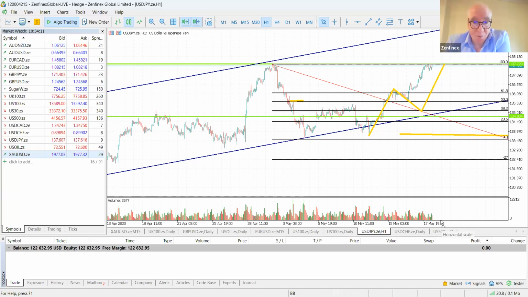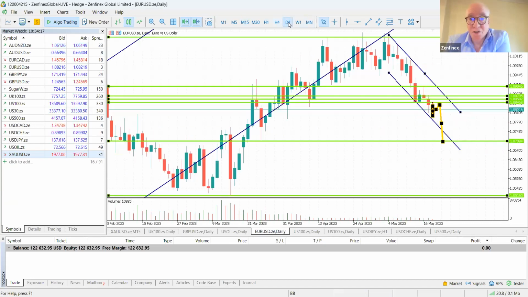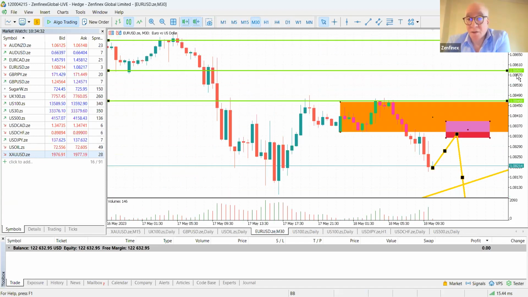So where did we get to? So we were looking at the euro dollar. We're looking at, from a longer term perspective, weakness, some levels that may interrupt this downward move, and how we can possibly get involved from an intraday perspective.